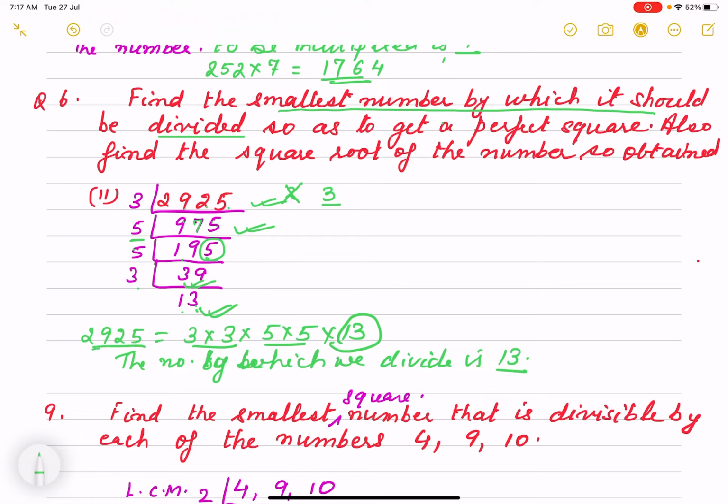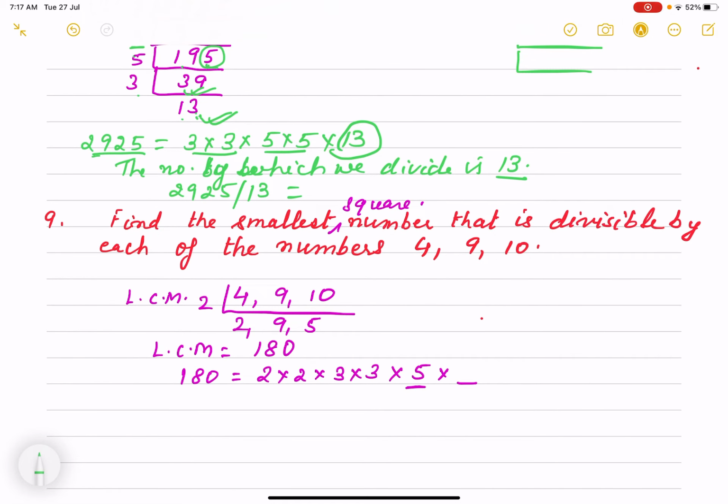If you divide 2925 by 13, the remaining number will be a perfect square number. Then you have to find the prime factorization and the square root of the number. So the second part you do again. Even number questions you will do this.